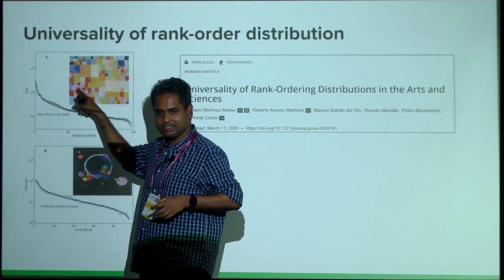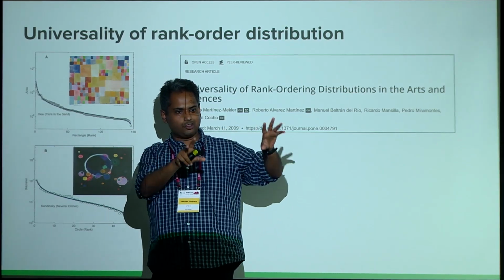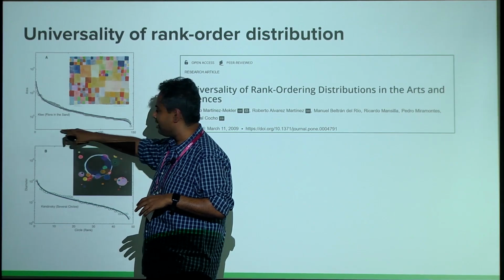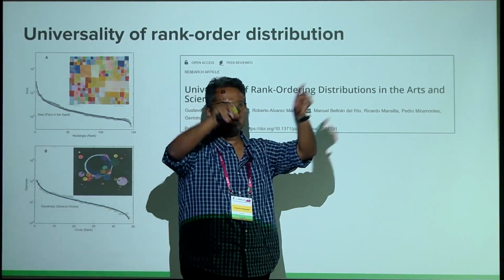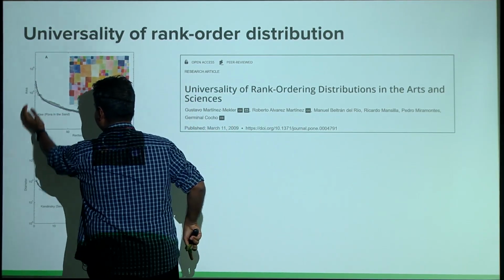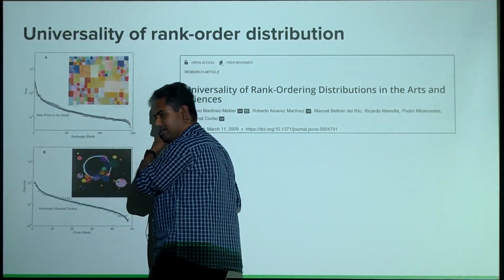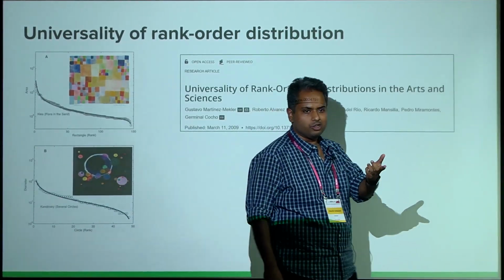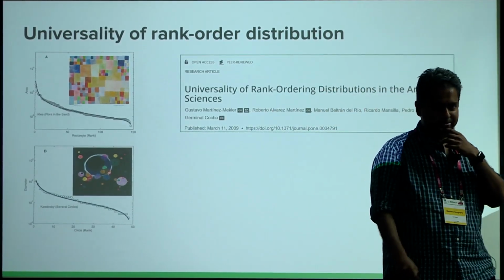If you look at all these boxes, which come from an artistic picture, and you rank them by their size, putting the area on the y-axis and their rank on the x-axis, they follow this beautiful pattern. And that is always universally true, just like the normal distribution.